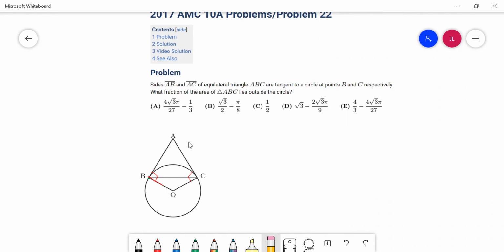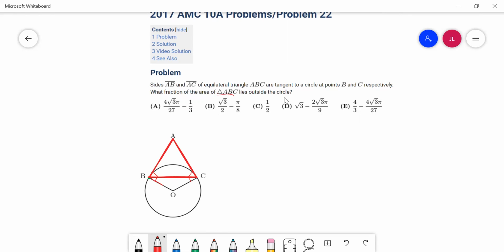So what does the question ask about? It asks what fraction of the area of ABC lies outside of the circle. ABC is here, I'm going to draw this red triangle.